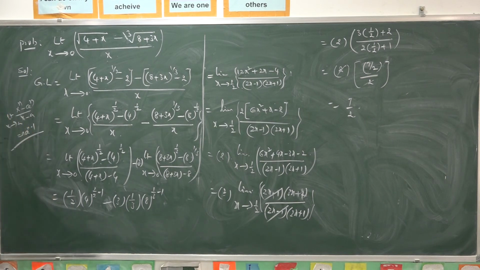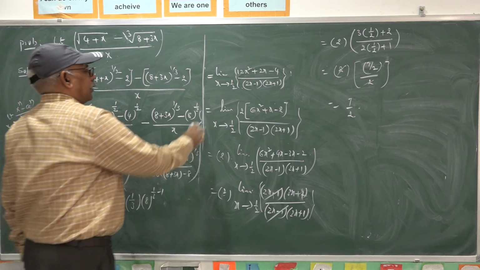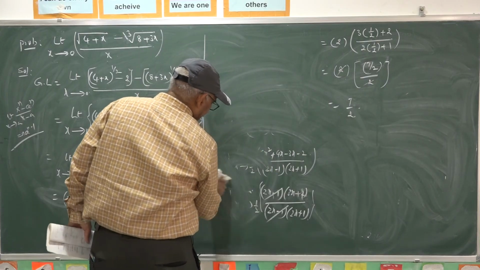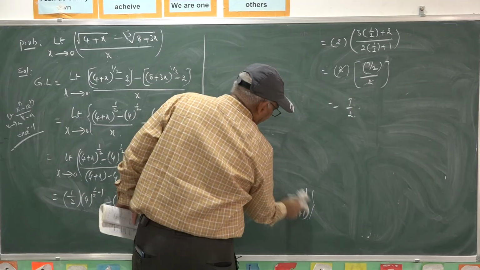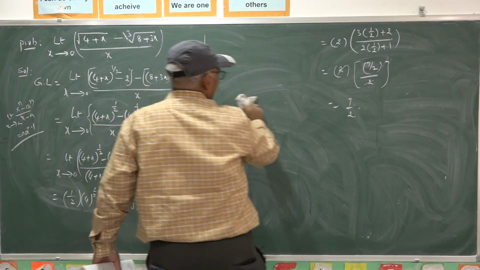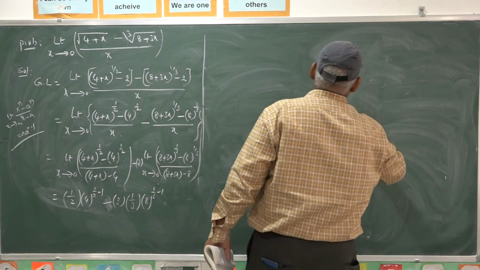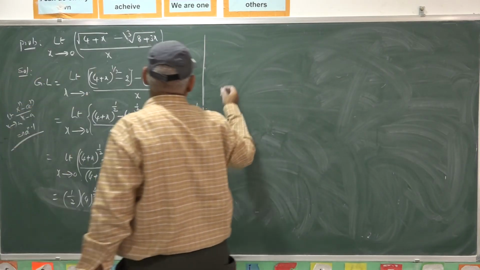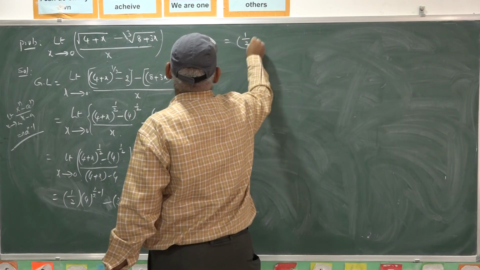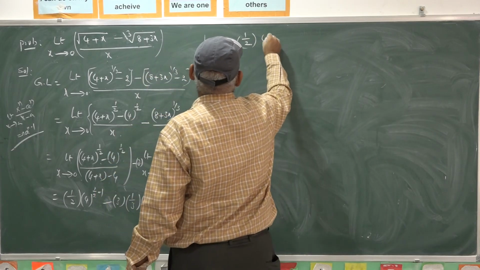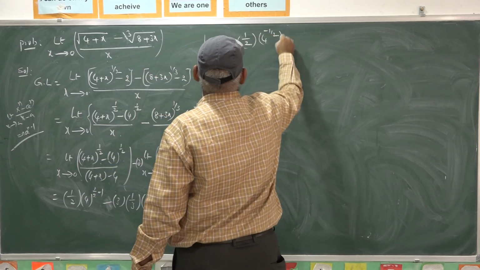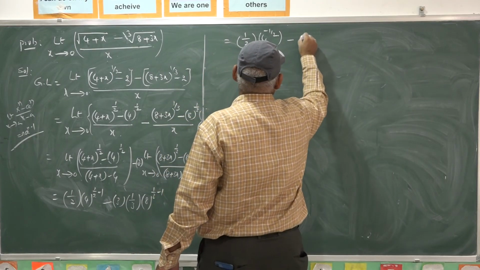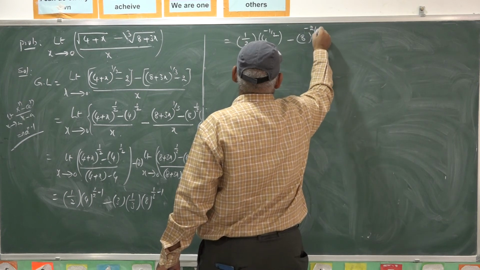On simplification, we get the required limit as a finite value. That is 1/2 into 4^(minus 1/2) here, minus 3 cancels, 8^(minus 2/3) here.